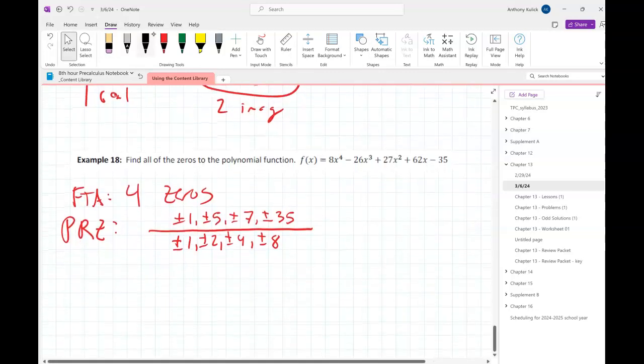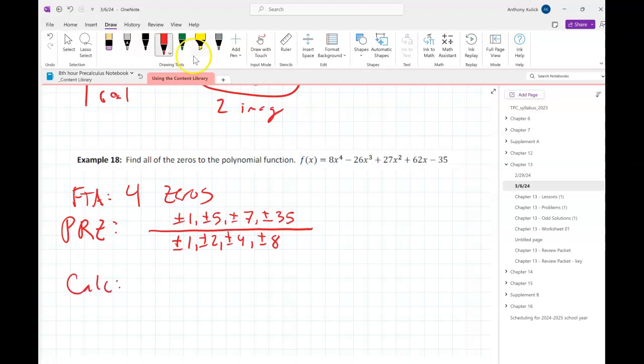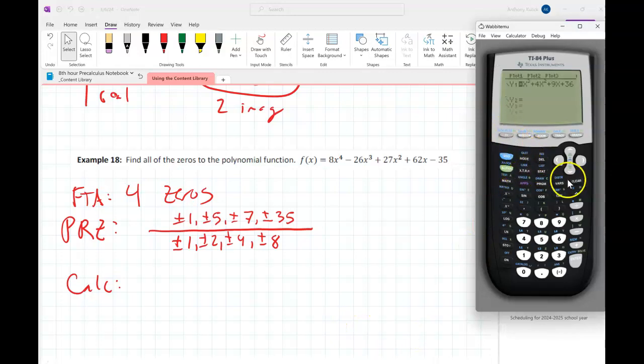So far, so good? Now we're going to take a look at the calculator. So type that in.